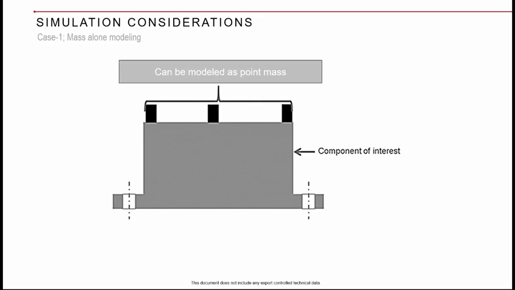So, mass alone modeling. This is just an example here. You see, this is kind of a manifold. For example, you take a hydraulic manifold, which is mounted at these lugs, bolted to a structure, and there are certain solenoids or other electronic devices or unions mounted towards the end.